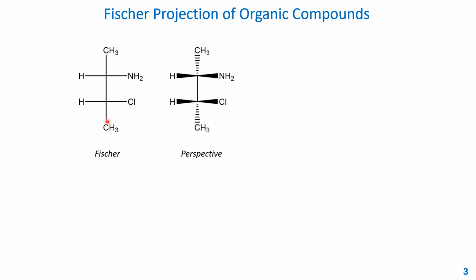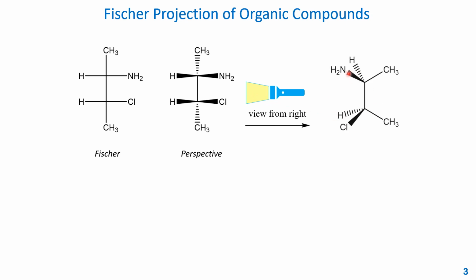So this is the real 3D structure of this Fischer. Okay, this is the 3-chloro 2-butamine, and this is also not a normal perspective structure. So if you want to draw the normal, you can look at it from right again. Now if you look from right, you will see this perspective structure.